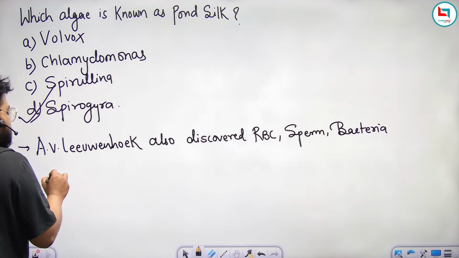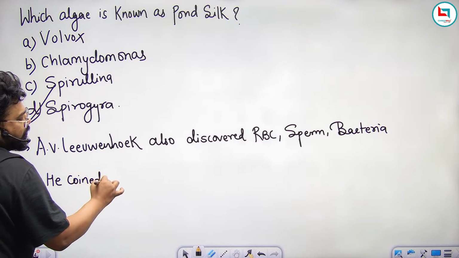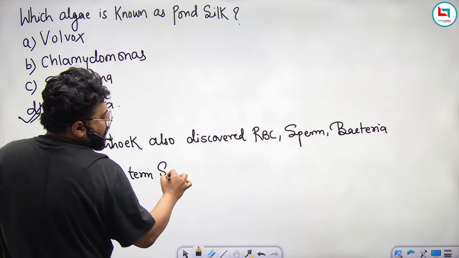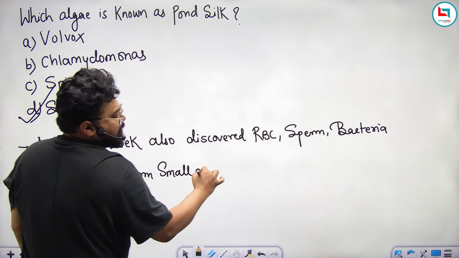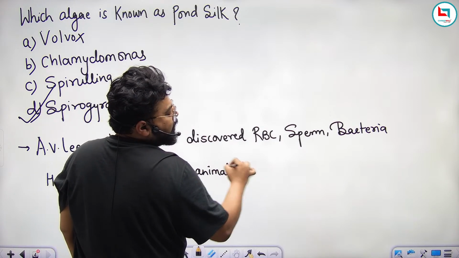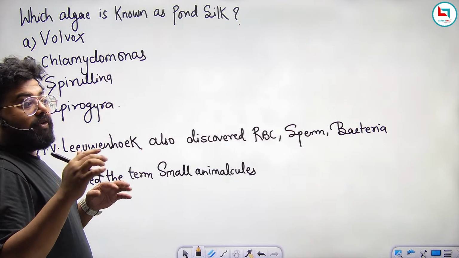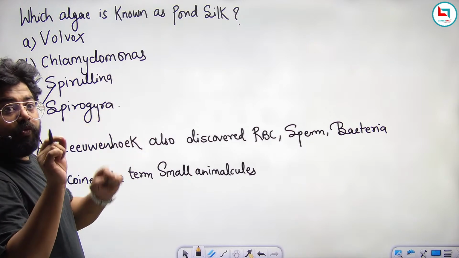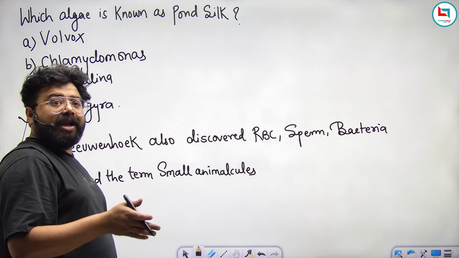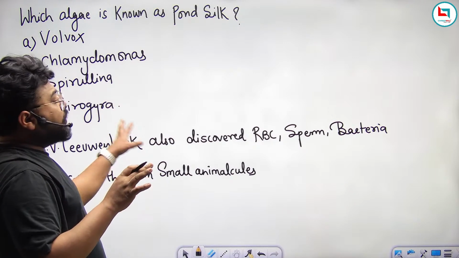But he coined the term small animalcules. What he did, he started observing the drainage water, नाली का पानी देखना चालू किया, and he observed that something is moving inside that water which is not visible to the naked eye but can be seen through the microscope designed by Antonie van Leeuwenhoek.